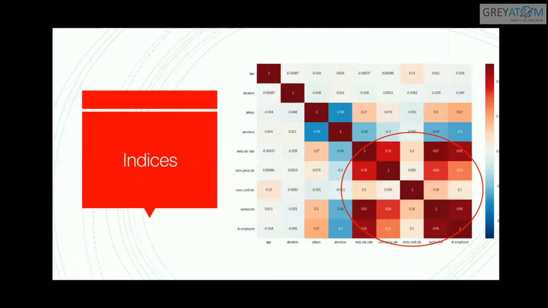We had to come up with some logic to merge them. Why are they correlated? It is fairly obvious from the definitions: if the Euribor rate is high, then employment stability is very high in that instance, so they go hand in hand. That's why we see the higher correlation.